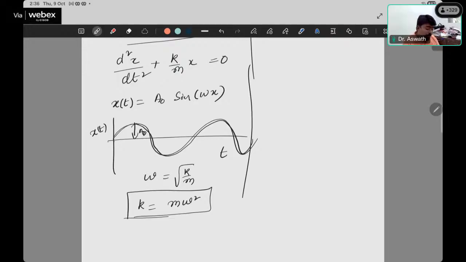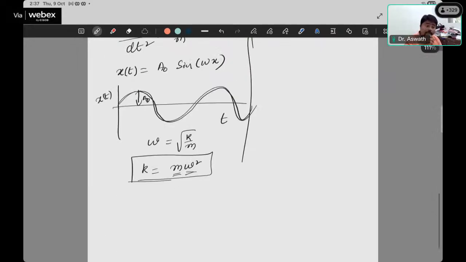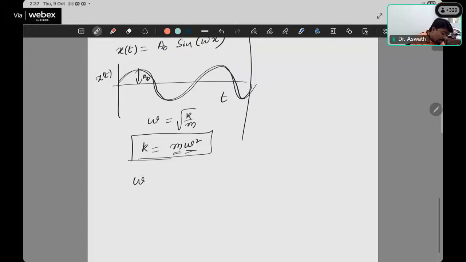Now you see, m is a mass, and it doesn't matter whether it's classical or quantum. But omega is slightly different. Omega is a classical observable, but when it comes to quantum, it can become quantum in nature. By the way, what is omega?